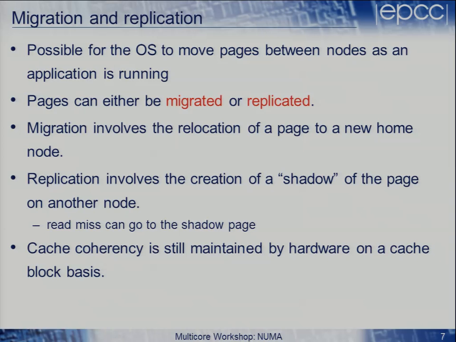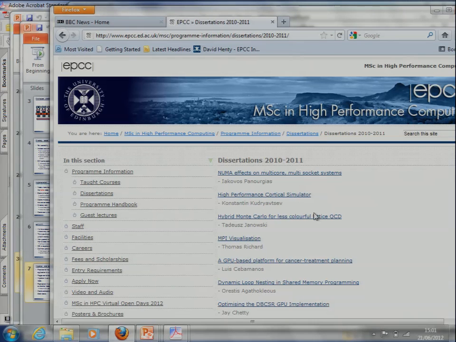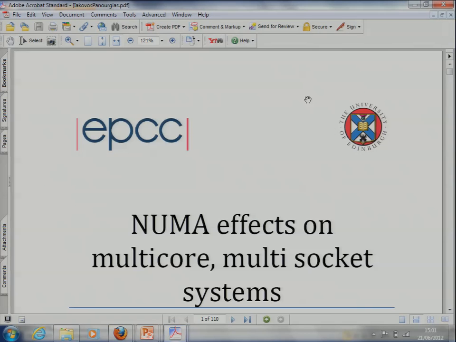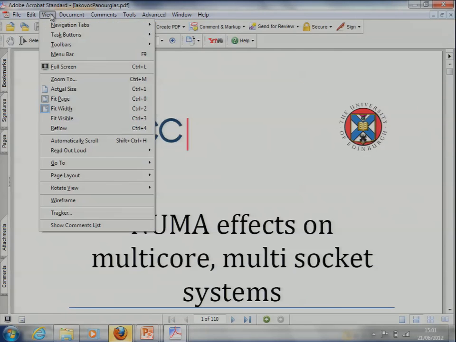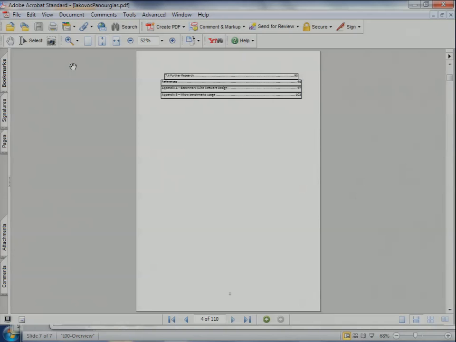A student of ours did a project last year where he looked at NUMA effects. So apologies, I had a crib sheet of where the actually I don't want to view full screen, do I?